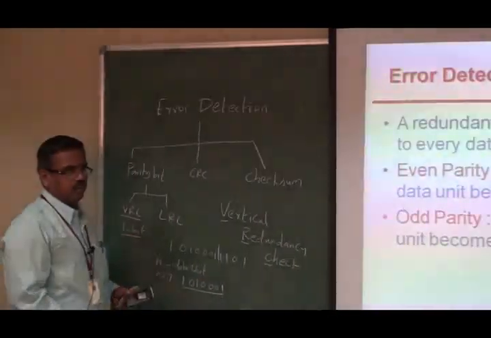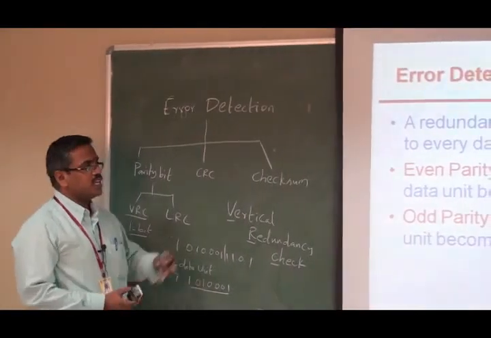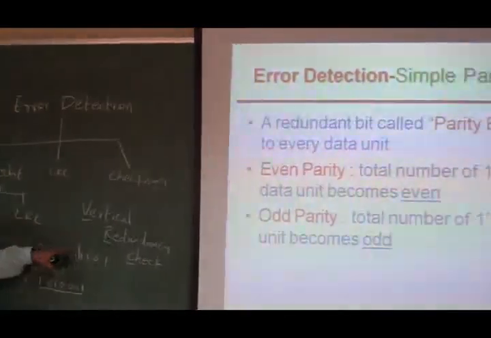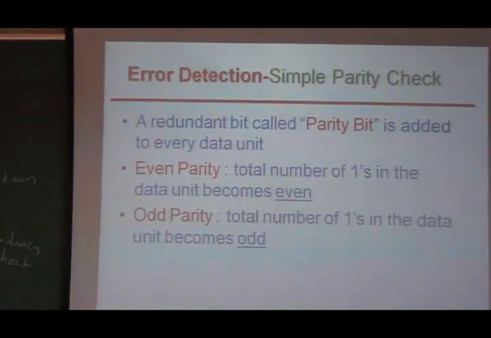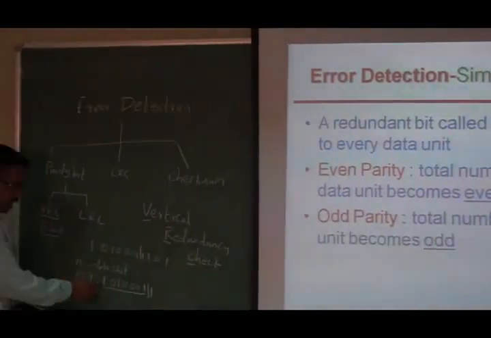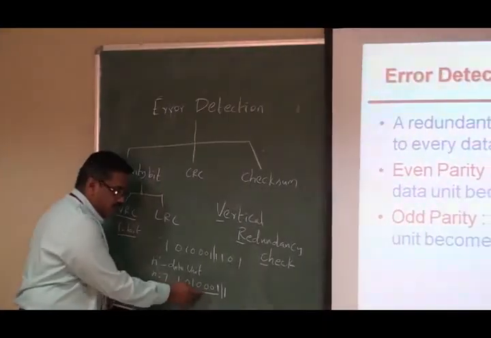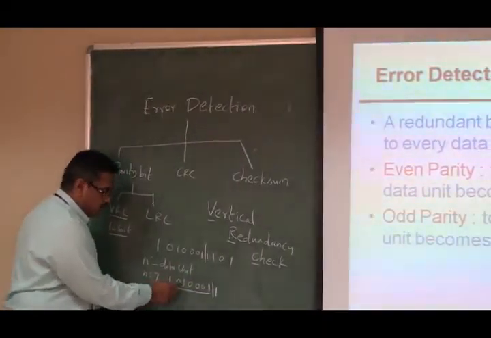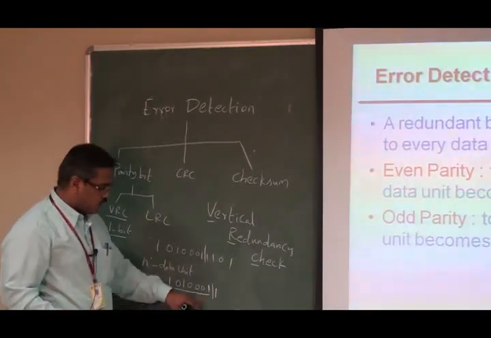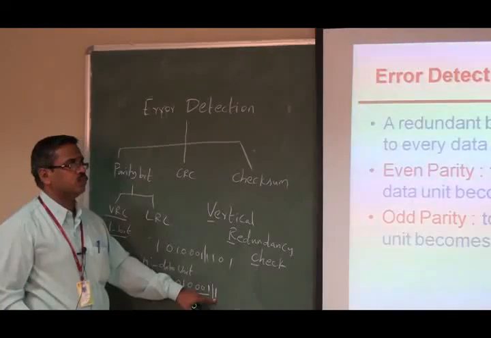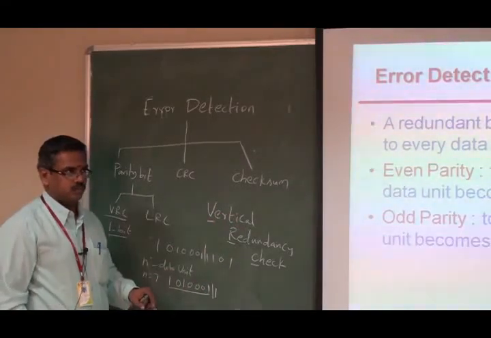So 3 ones are available. If you are using the even parity technique, you add the parity bit as 1. It means the count of ones is even: 1, 2, 3, 4. So 4 ones are available now. Now we have created a parity bit using even parity.